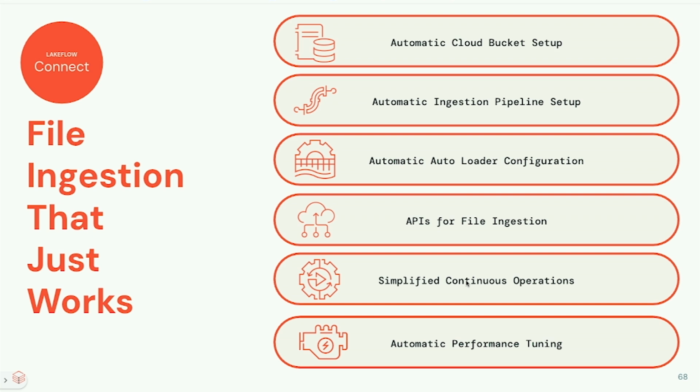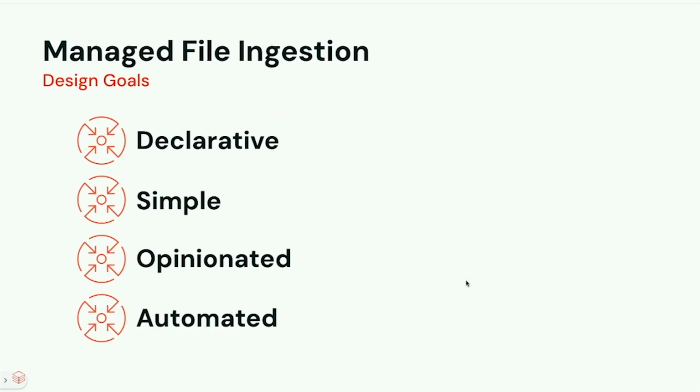We want to simplify and automate the ingestion pipeline setup and Auto Loader configuration. We want to expose simpler APIs for dealing with file ingestion. We want to simplify and automate the continuous operations, and of course, performance tuning, everyone's favorite pastime.